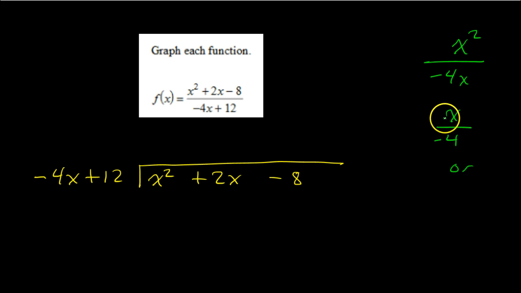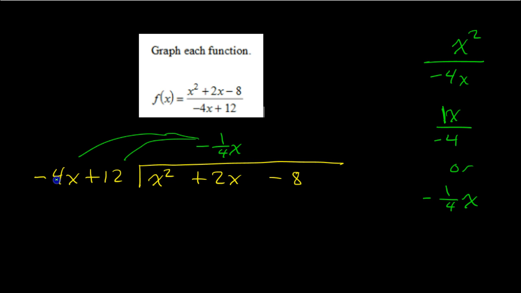Or another way of writing that, because this is like having a 1, so this would be the same as negative 1/4 x. Now I'm supposed to multiply this and see what I get. Remember, multiplying by 1/4 is the same thing as dividing by 4.